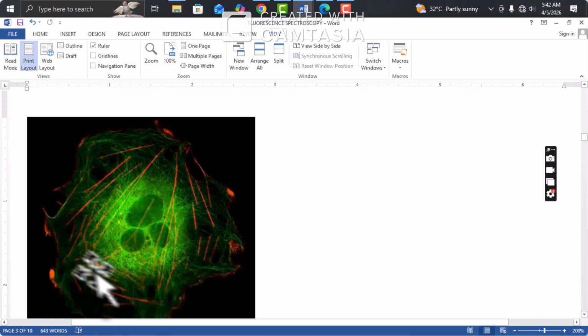Because the cell has been placed under UV light, you can see the contents of the cell. So that's one application of fluorescence in the laboratory. That's imaging. You can use fluorescence for imaging, not just for counterfeiting.